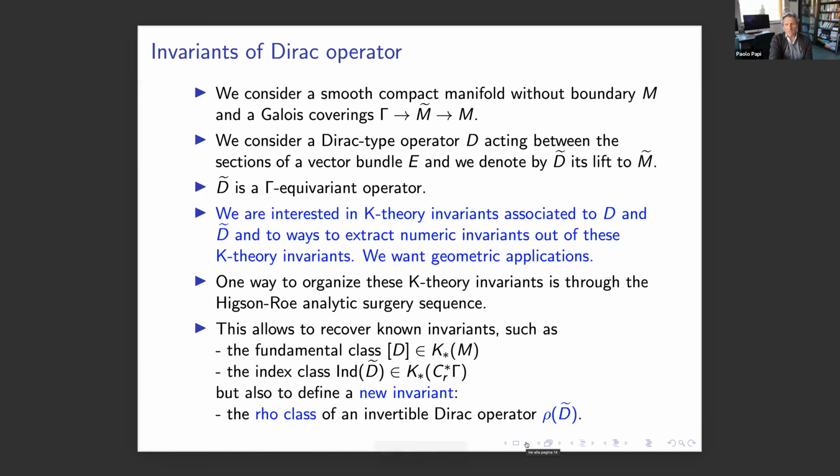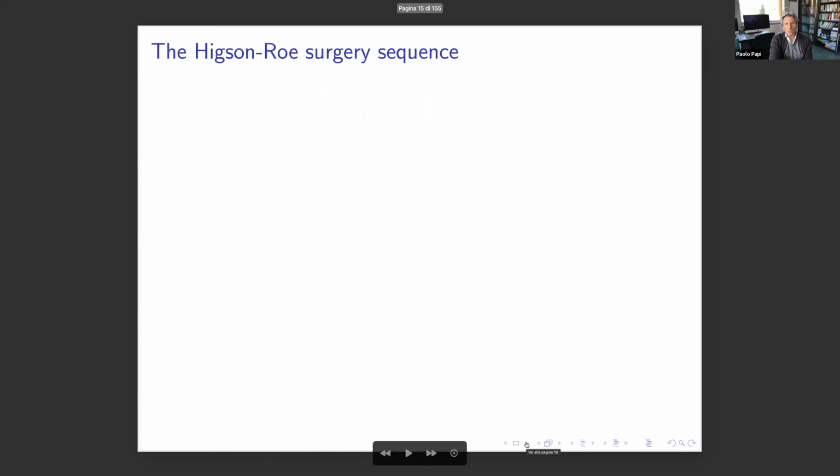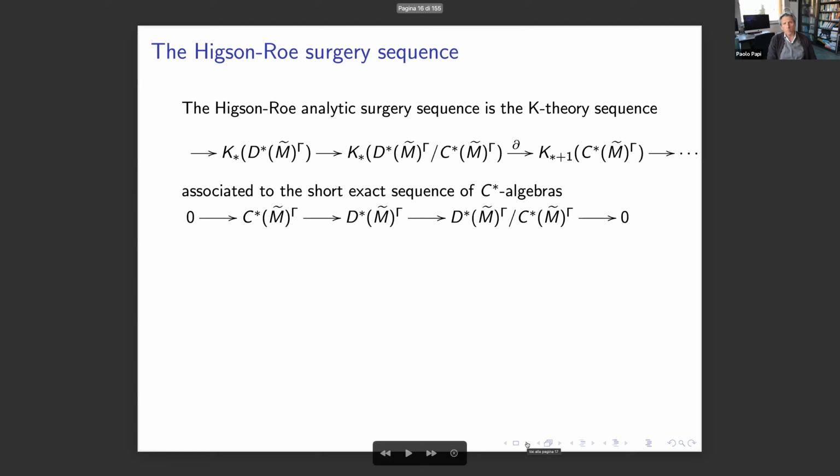So let me say quickly what the Higson-Roe surgery sequence is. Well, here it is. I have to tell you who these algebras are, but there is a short exact sequence of C-star algebras, and the Higson-Roe analytic surgery sequence is just the K-theory sequence, the long exact sequence associated with it.